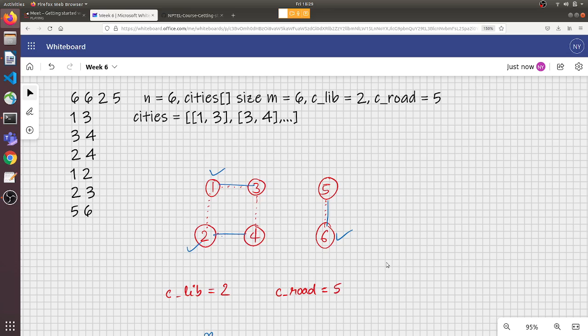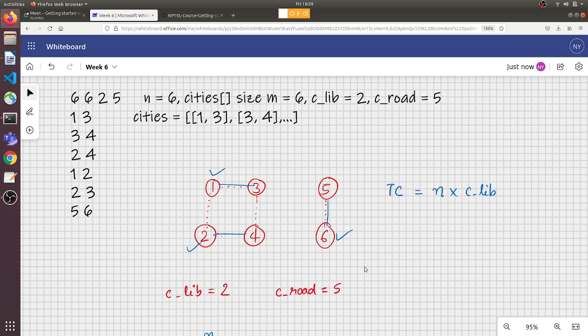if there are n cities and you build a library in every city, this will be the total cost.